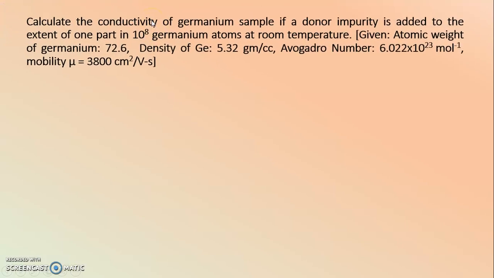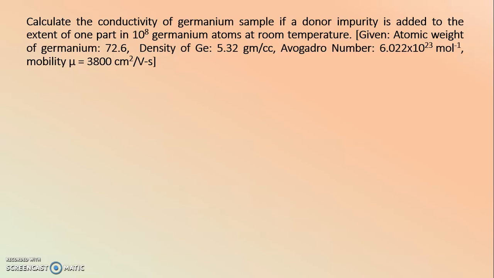Now we'll see the next numerical. Calculate the conductivity of a germanium sample if a donor impurity is added to the extent of 1 part in 10 raised to 8 germanium atoms at room temperature.